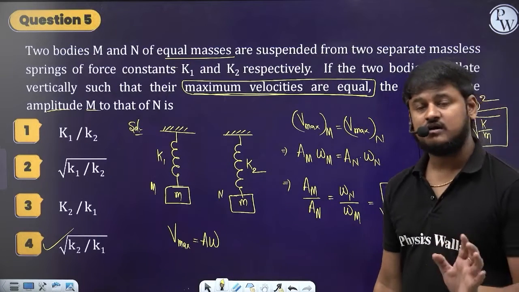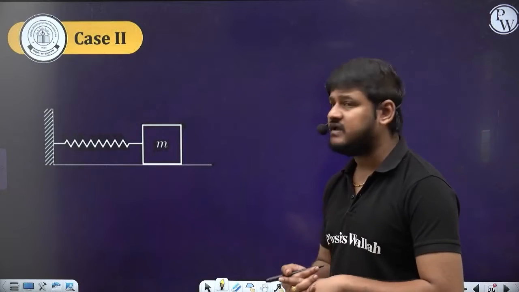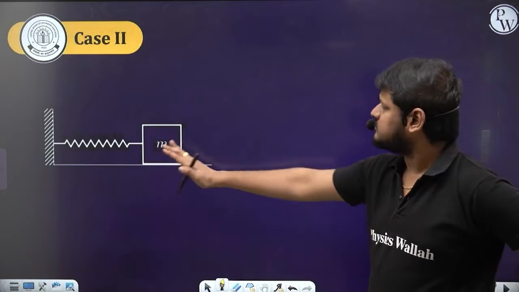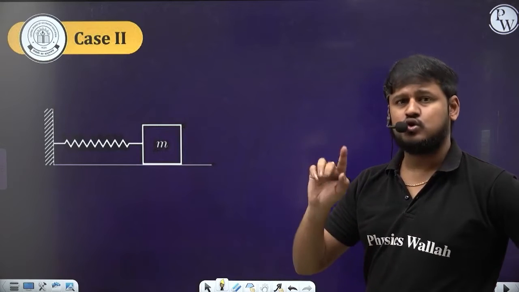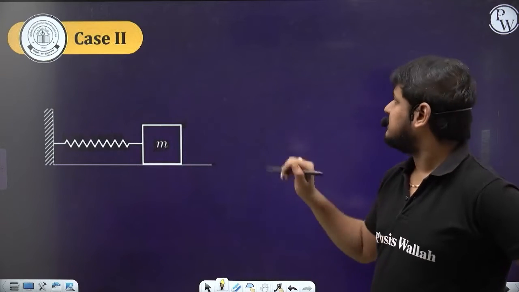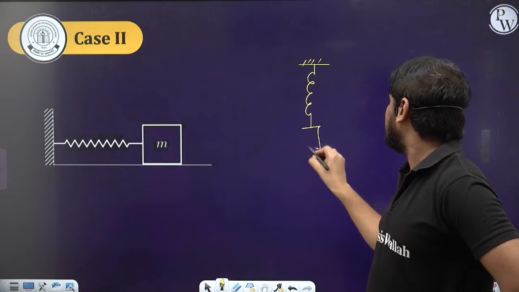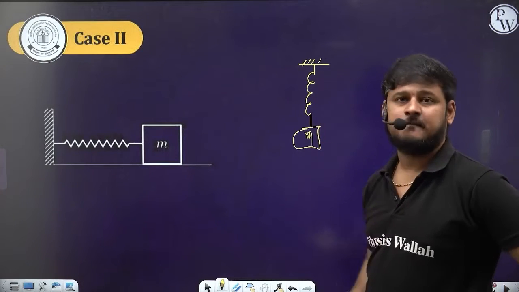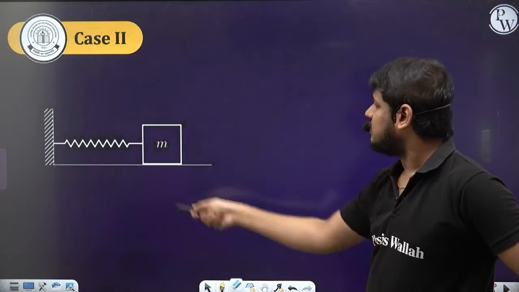Done? Clear? Chal. So the case 2. In the previous case, what we have seen, the time period is 2 pi into root over M by K, when the spring mass is vertically hung from a fixed end. Now, what if it is on the horizontal?